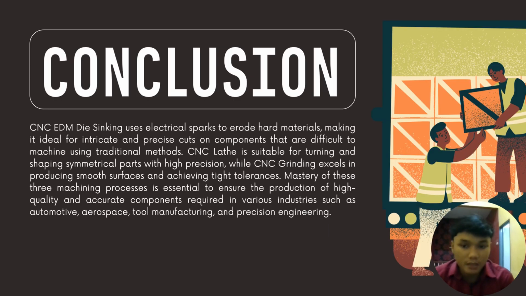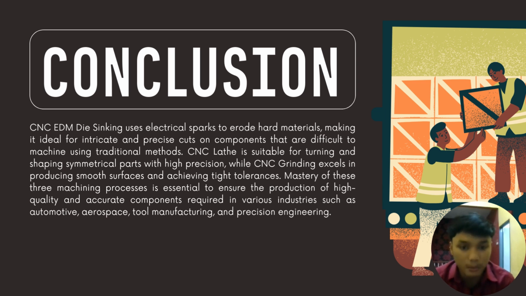For the conclusion, CNC EDM die sinking uses electrical spark to erode hard material, making it ideal for intricate and precise cuts on components that are difficult to machine using traditional methods.